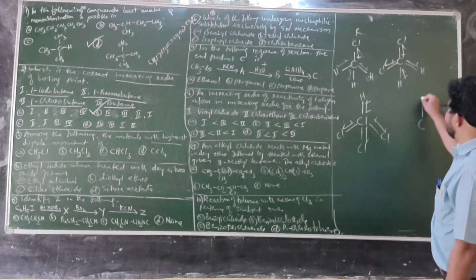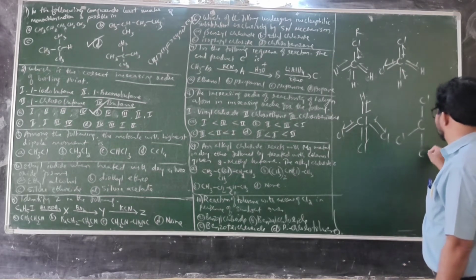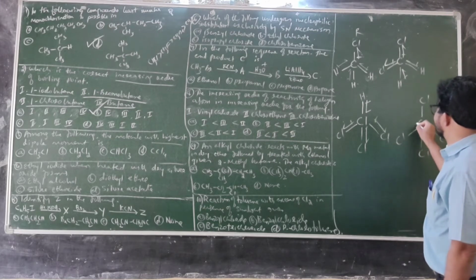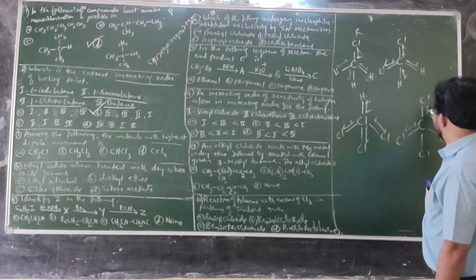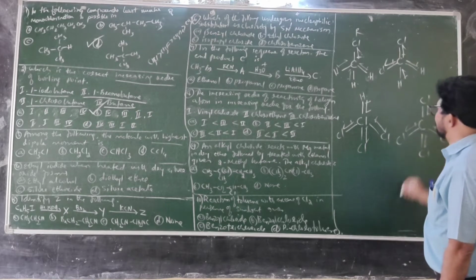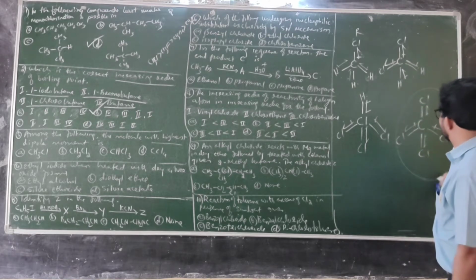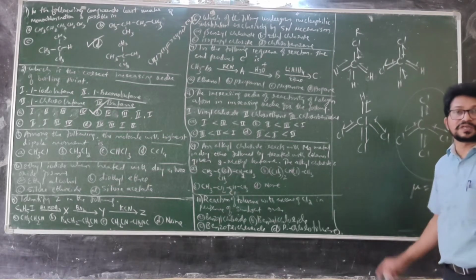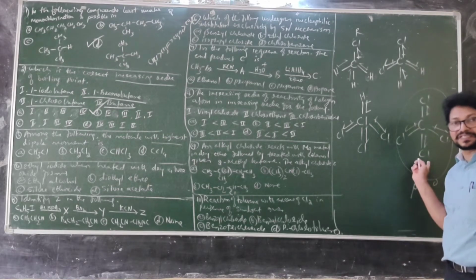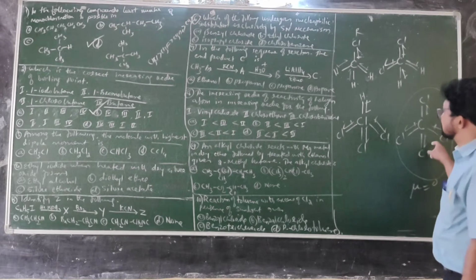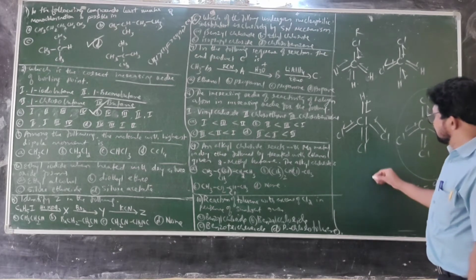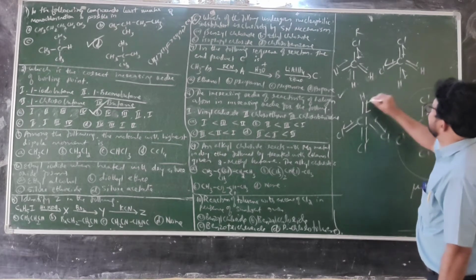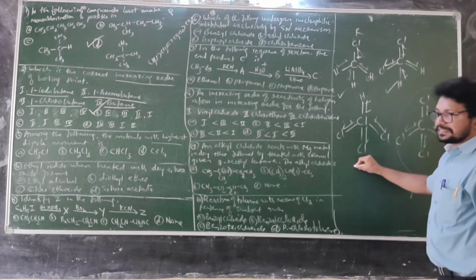But what about CCl4? See, this is an identical molecule. So here the dipole moment gets cancelled. So now this is 0. Non-polar molecule. Dipole moment is 0. So highest is this, next this, next this.